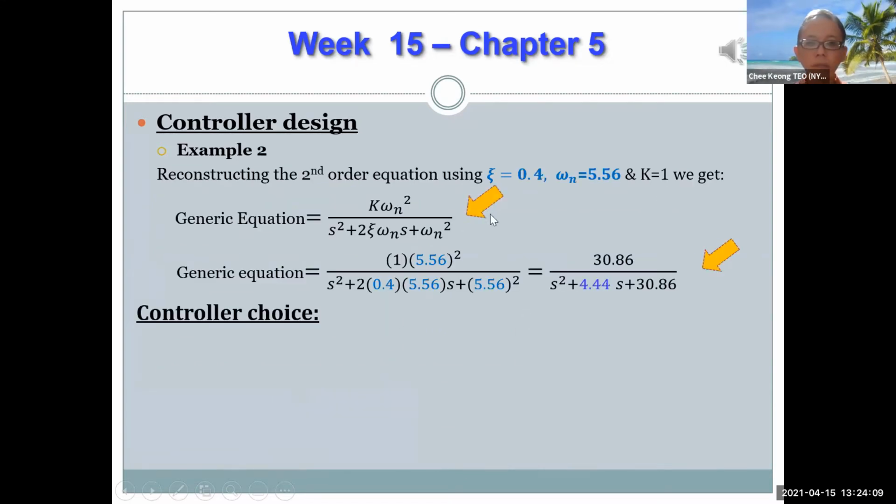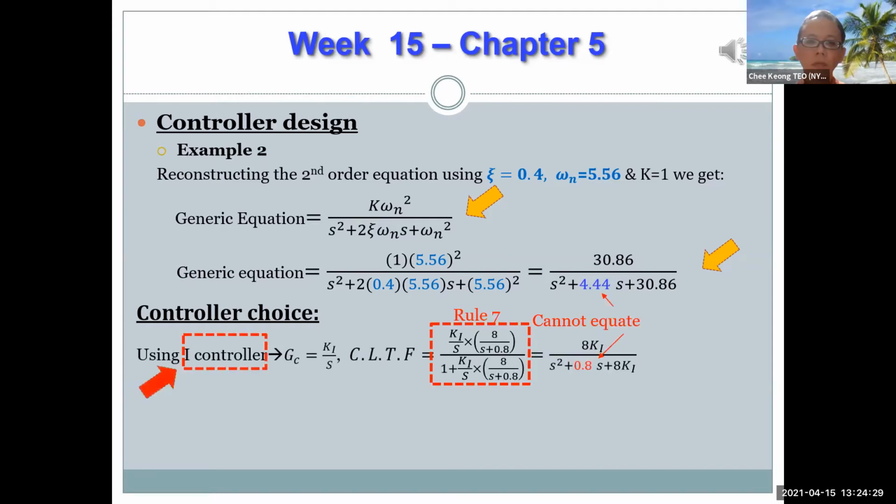With omega n and zeta found, we are almost able to define everything in this second-order equation. Assuming k equals 1, zeta equals 0.4 and omega n equals 5.56, we can reconstruct the second-order generic equation.